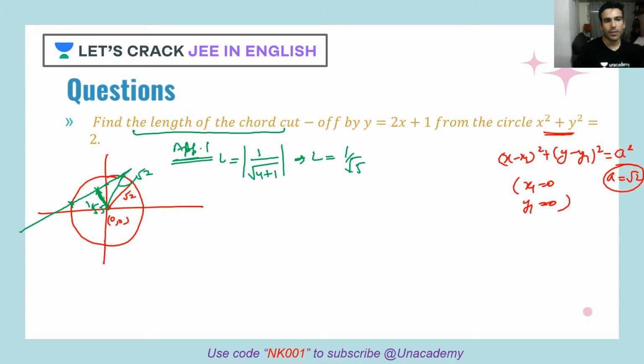Now I can use the Pythagoras theorem to calculate the half part of this chord. Let's say it is c by 2. c by 2 whole square is equal to hypotenuse square, which is 2 minus 1 by 5.